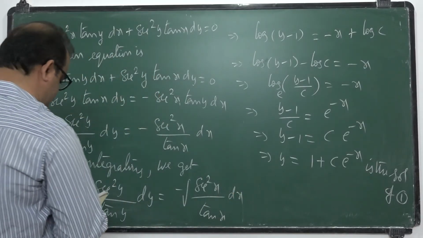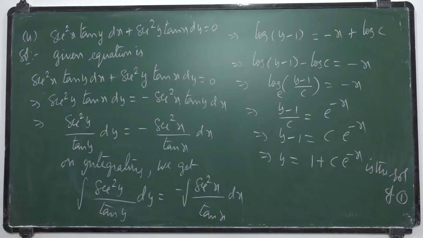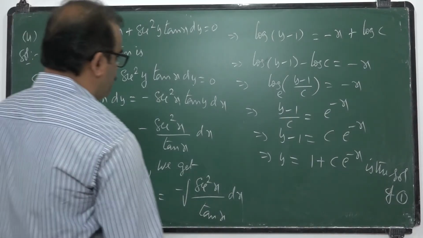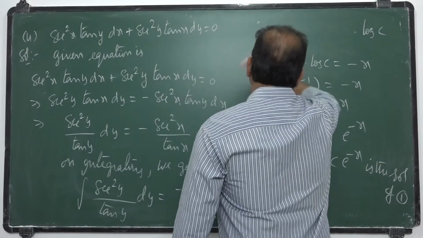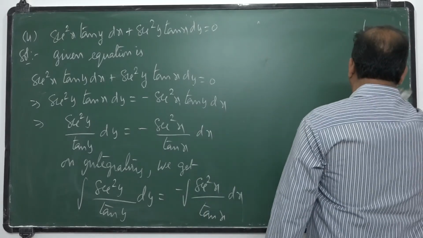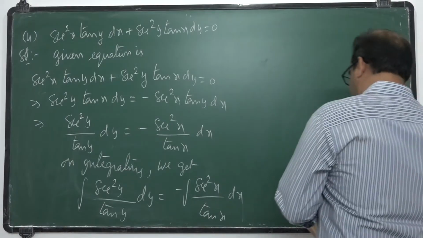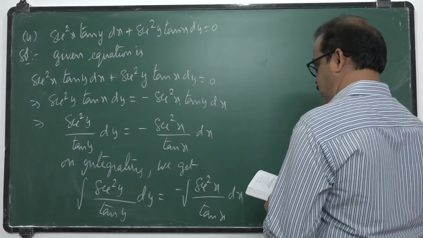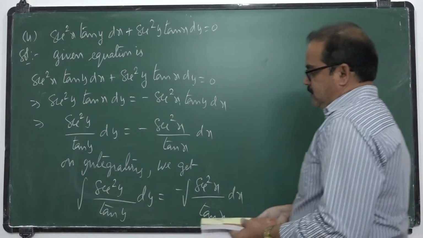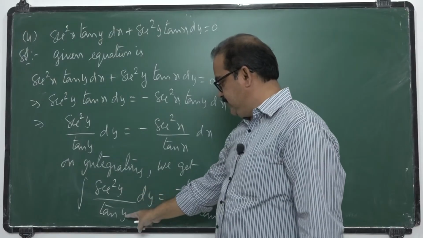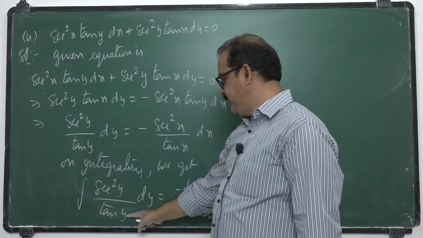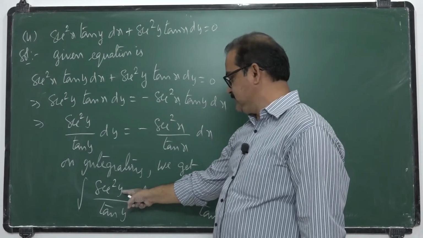Now integrate. See here, numerator is the derivative of denominator, derivative of tan y, that is secant square y.